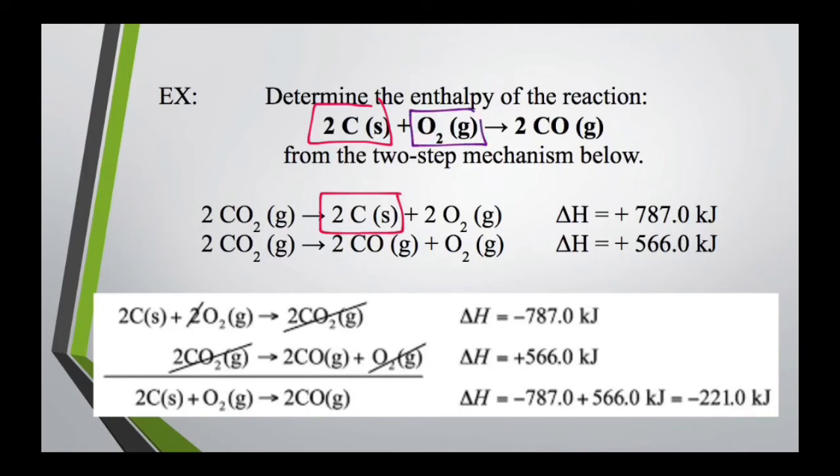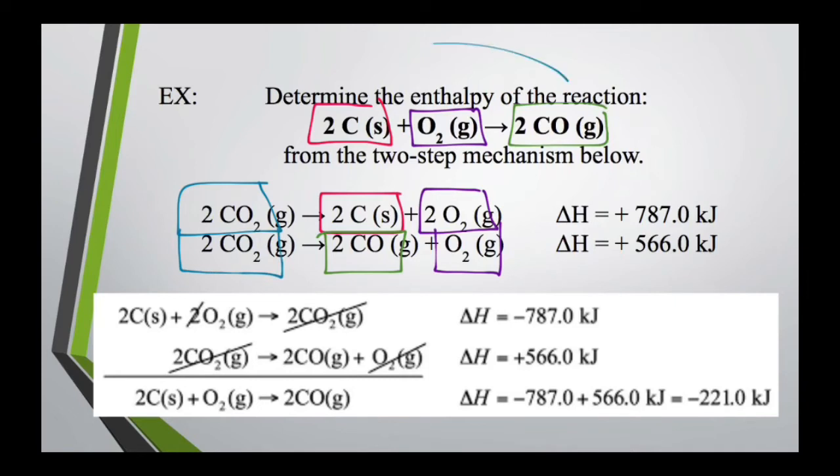So I'm just going to color code each of my substances a different color here, so I can better keep an eye on it. And if you notice, that's all of the substances that were in my overall reaction. But I do have CO2 in both reactions that is not technically in my overall. So just by taking a look at what I've got, finding the important things in my reactions can get me a plan of attack here.